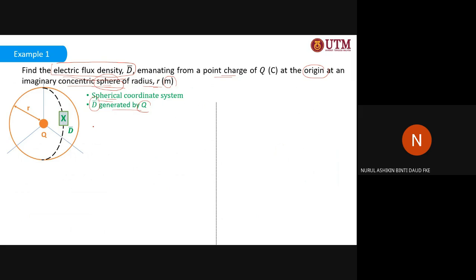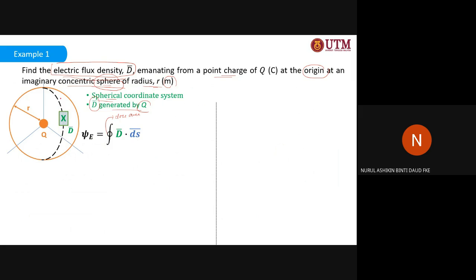Since we know that the formula is electric flux equals the closed integral of D, the electric flux density, dot product with the sample area dS. First of all, what is the meaning of this circle here? This circle means it is a closed area.